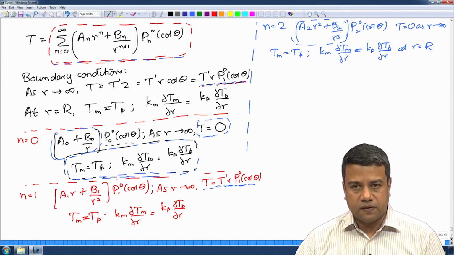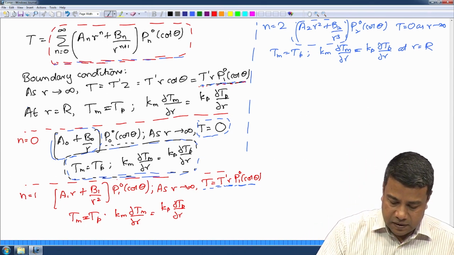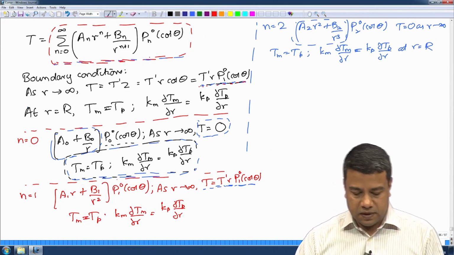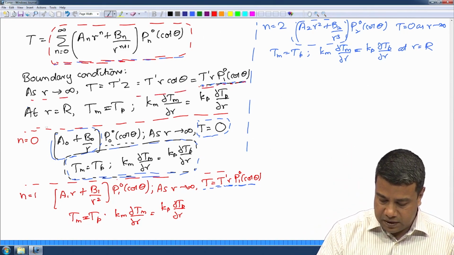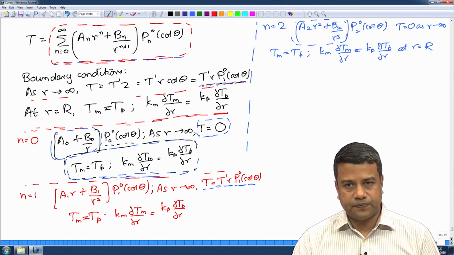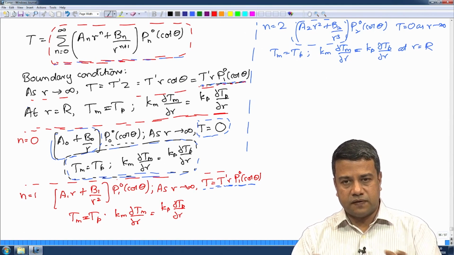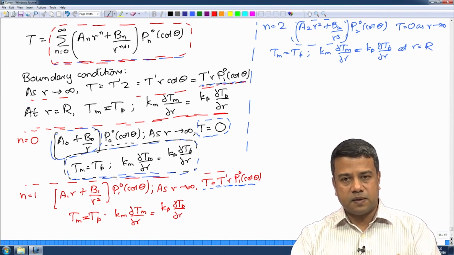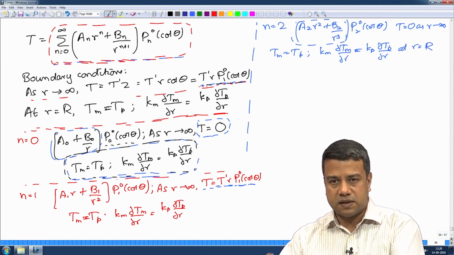Therefore, what I can do is first of all expand the boundary conditions as well in the Legendre polynomial expansion. The equation is a superposition of different Legendre polynomials. In a similar manner, I can expand out the boundary conditions in the Legendre polynomial expansion as well.